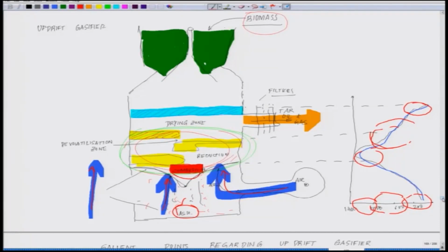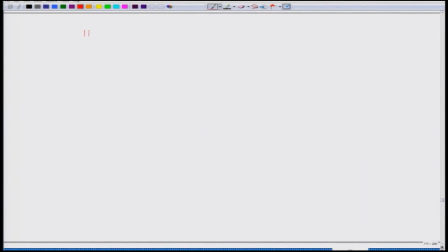Okay. So, the next important point for you people to remember is, higher up the gasifier again, the biomass is spiralized in the top zone, and the feed is dried.